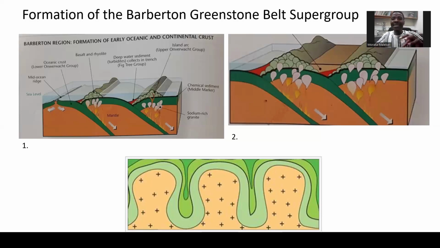Now, that in itself formed pillow lavas and new oceanic crust. We know that at the mid-oceanic ridge, that's where new oceanic crust is forming. But because of the spreading, the older rocks at the mid-oceanic ridge are found far away from the mid-oceanic ridge.